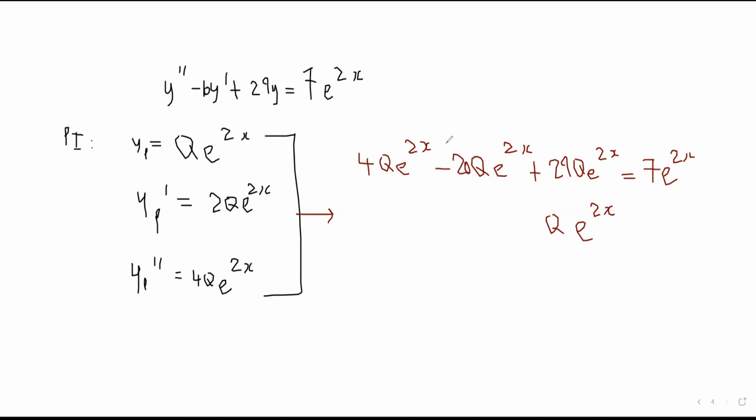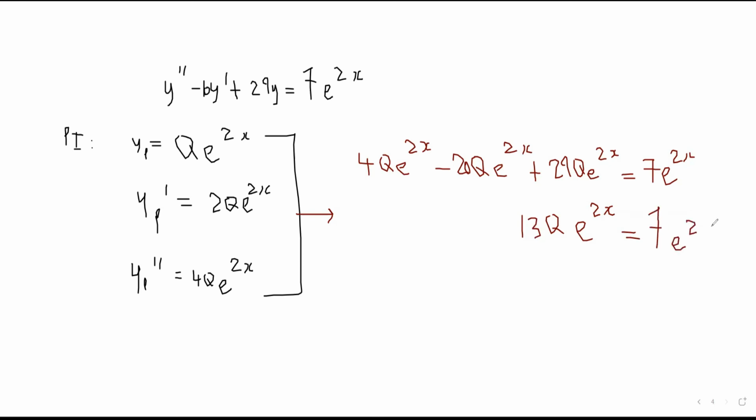This would be 4 minus 20 plus 29. So 29 minus 20 is 9. Then 9 plus 4 is 13. So this is 13q, that's equal to 7e to the 2x.